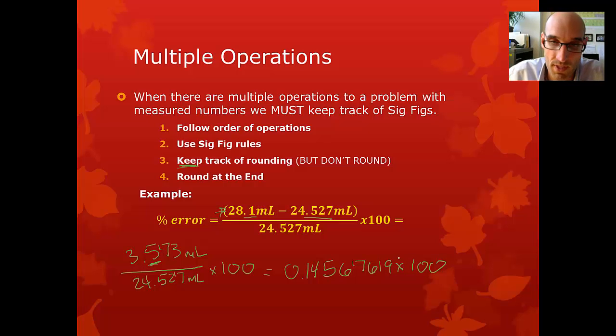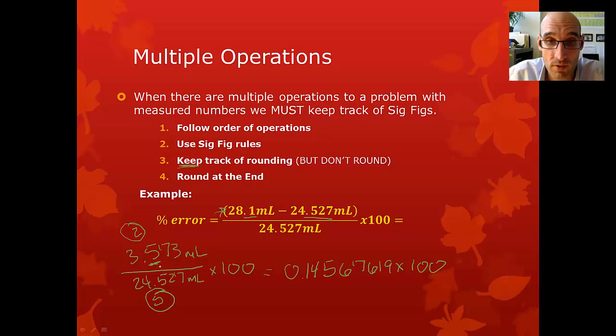Just write all the numbers out. We're not rounding yet. Now, when we divided, remember, we're interested in the number of sig figs. Well, the bottom number, 24.527, has 5 sig figs. 3.573, well, remember, we would have rounded to that first decimal place. So this would have had 2 sig figs.